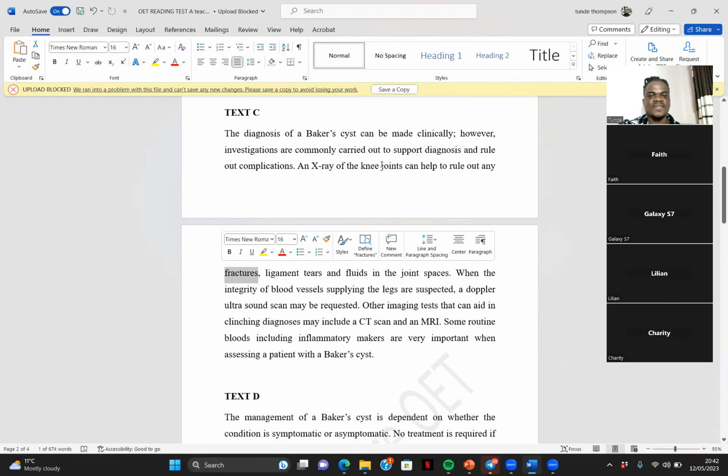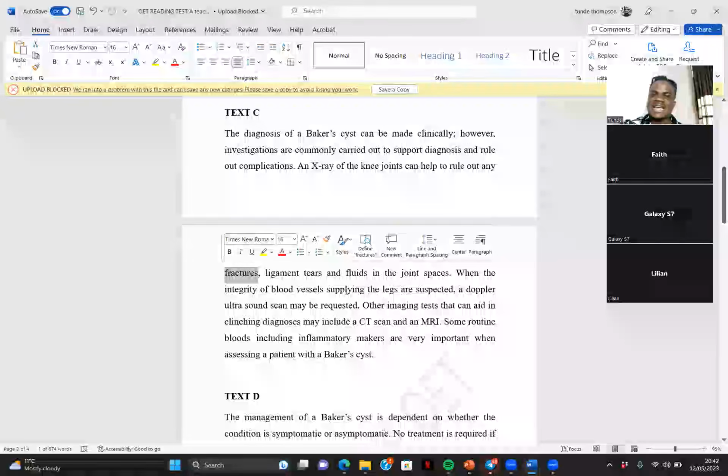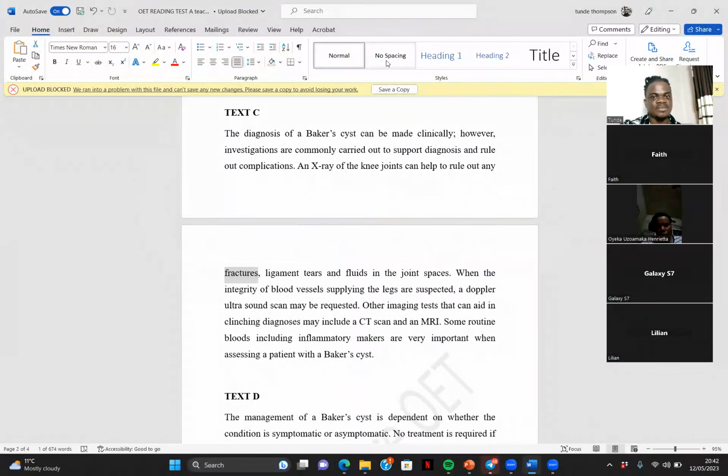It says an X-ray of the knee joint can help to rule out any fractures, ligament tears, and fluid in the joints. If I'm still not very convinced, let's say it was not very clear, I can read a little bit further just to be sure that the answer I'm choosing is correct. So in this case, what will be your answer?